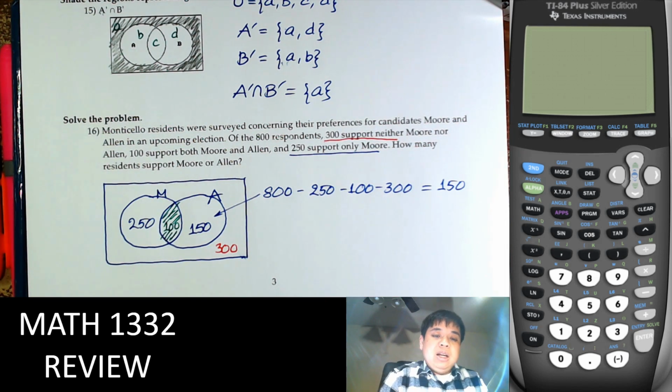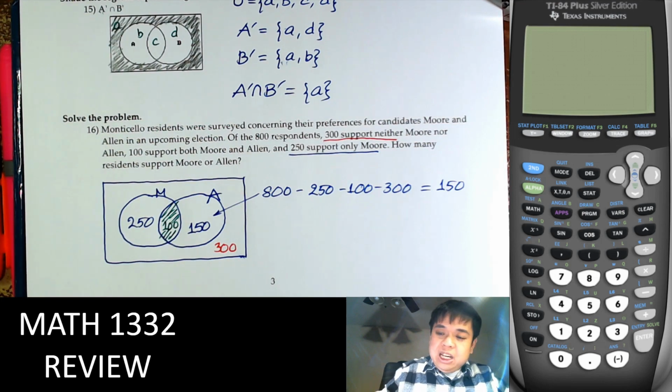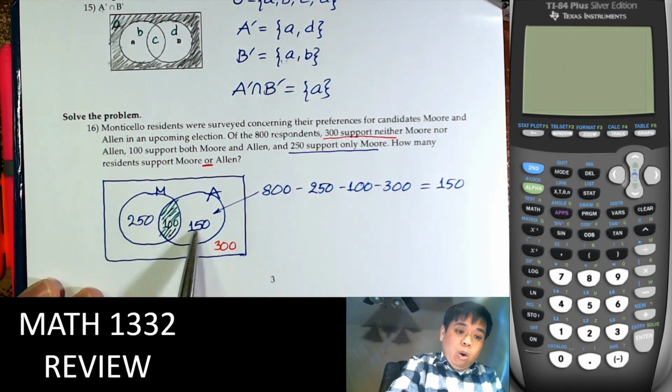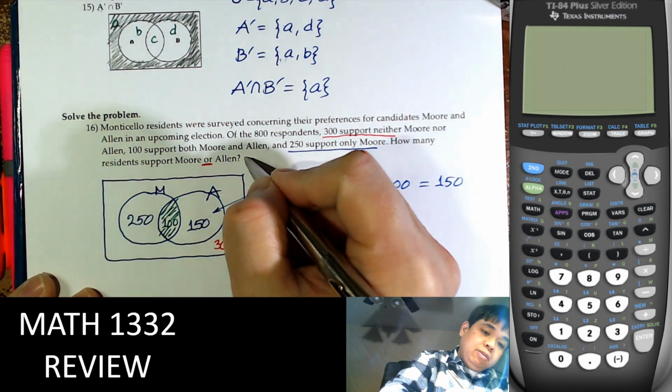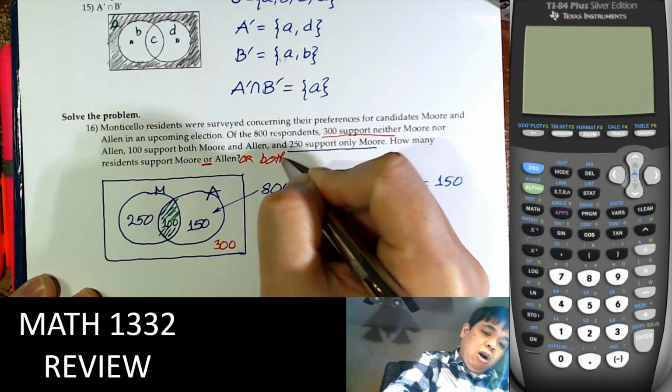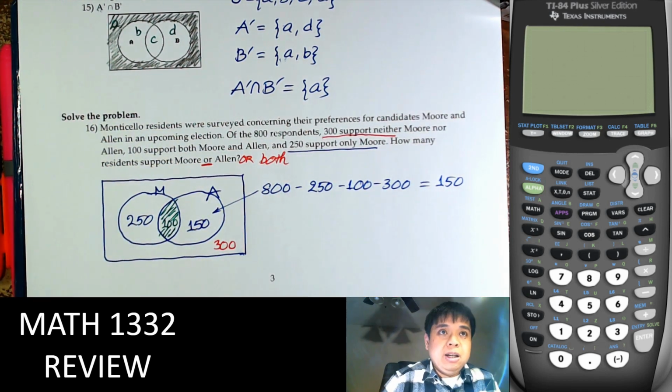And the question, how many residents support Moore or Allen? The key here is when we say or, we mean either or, maybe both. The or meaning including the both case as well, right?